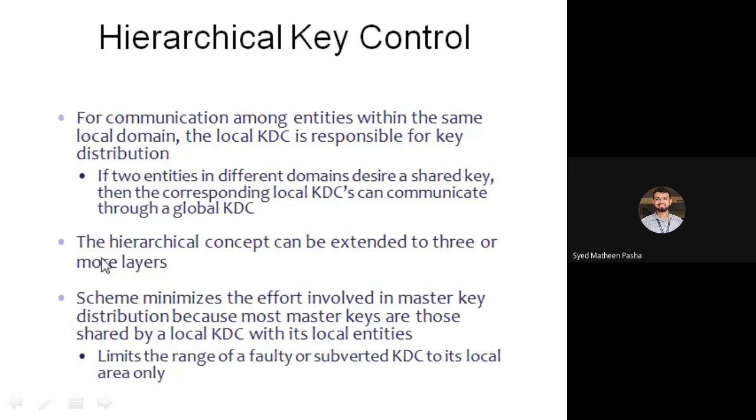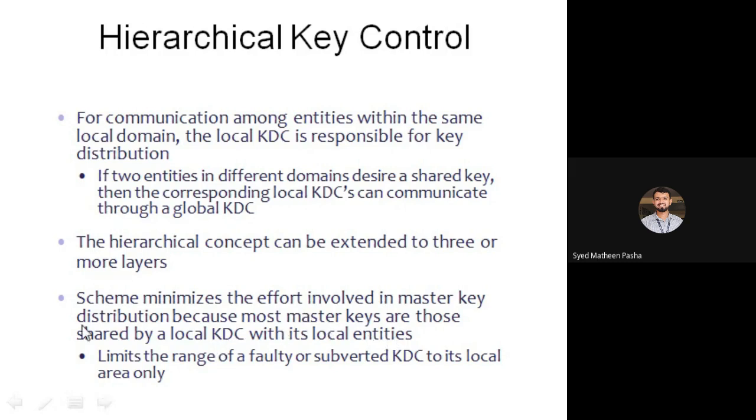Then the hierarchical concept can be extended to three or more layers. Whenever you want to implement a key hierarchy, you can use many kinds of layers. It is not limited. What happens in layers? A huge number of data or keys can be generated there and used simultaneously. If I am using hierarchical key control, this type of scheme minimizes the effort involved in master key distribution, because most master keys are those shared by a local KDC with its local entities.